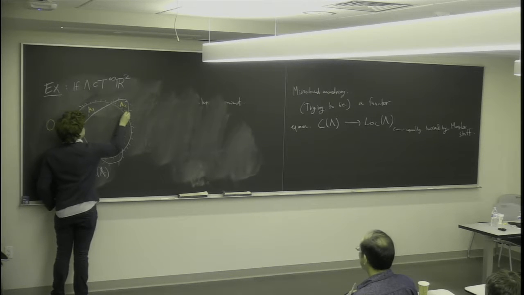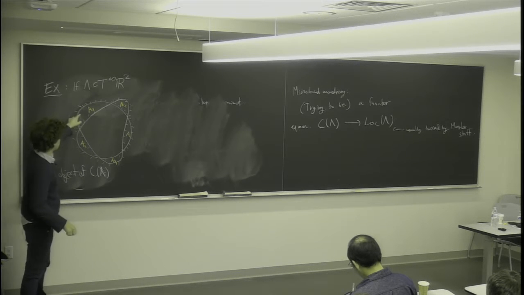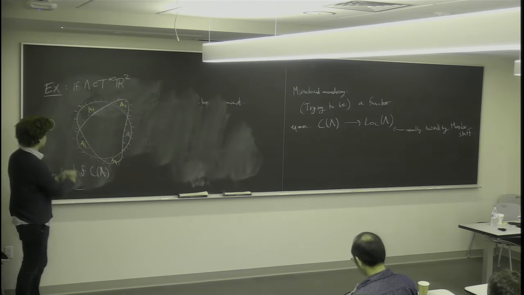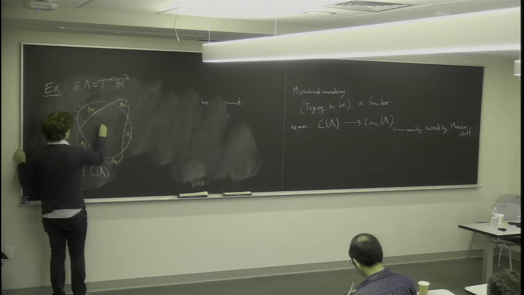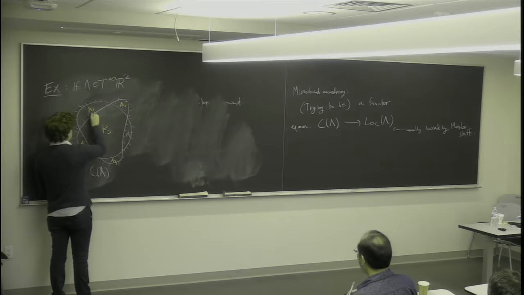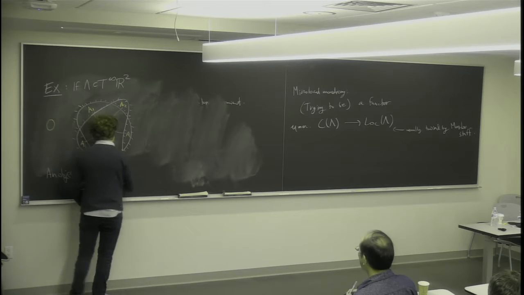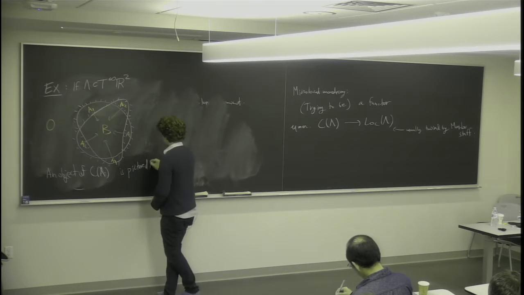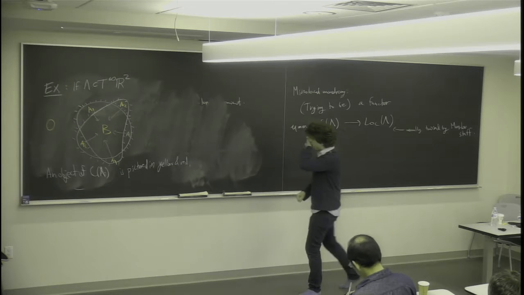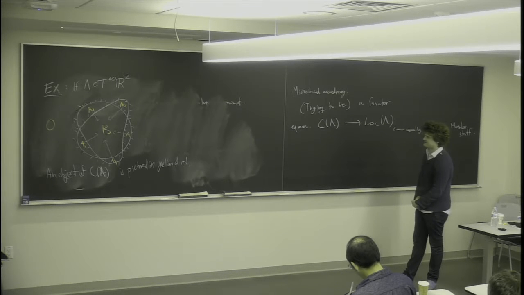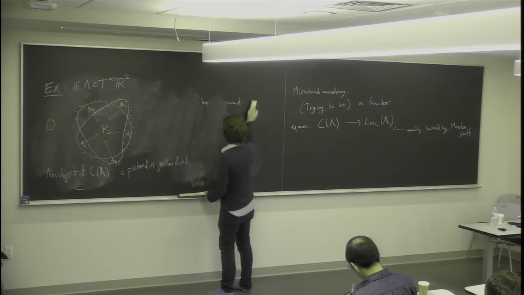And then there will be a chain complex in each one of these little regions surrounding this star, and then the chain complex in the middle. And then there are some maps like this. So it's the data of 6 chain complexes and 5 maps. And they should obey some conditions.